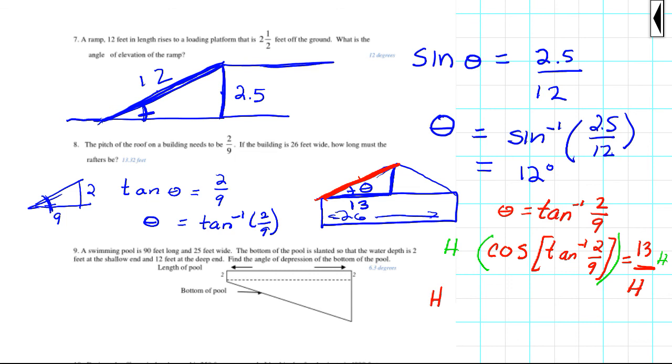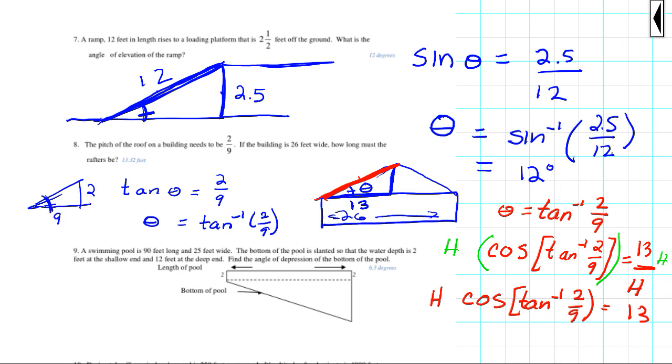And we get h times the cosine of the inverse tangent of 2 over 9 is equal to 13. Then we divide both sides by the cosine of the inverse tangent of 2 over 9.